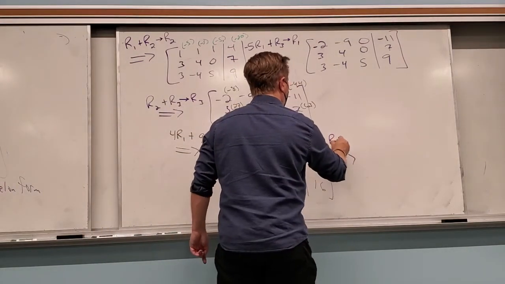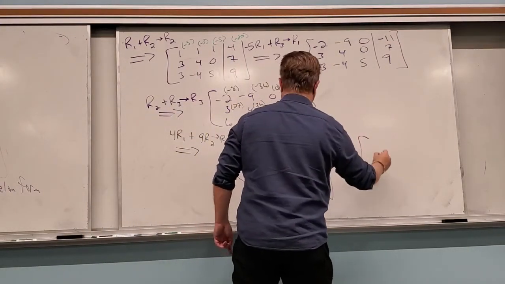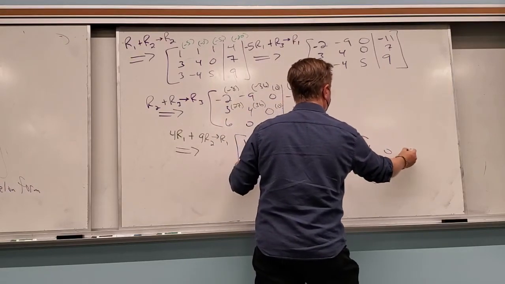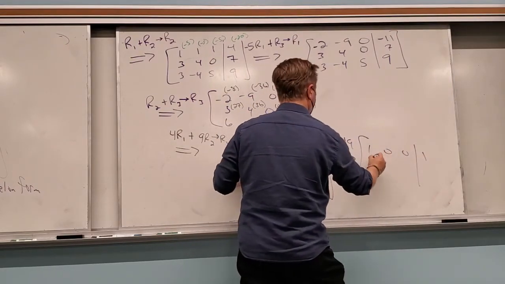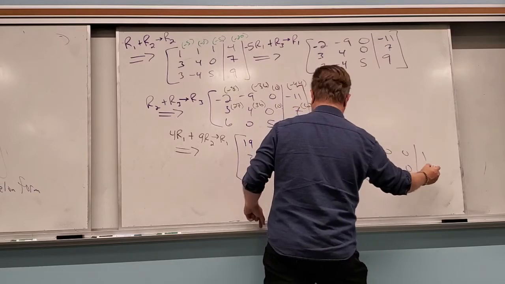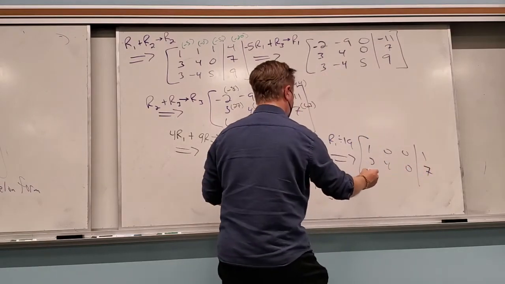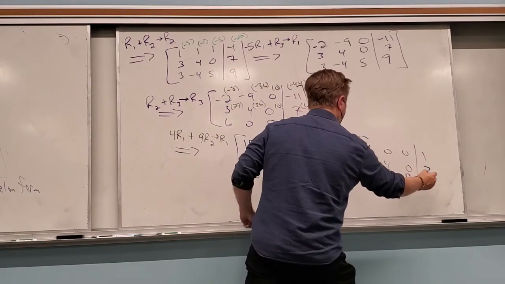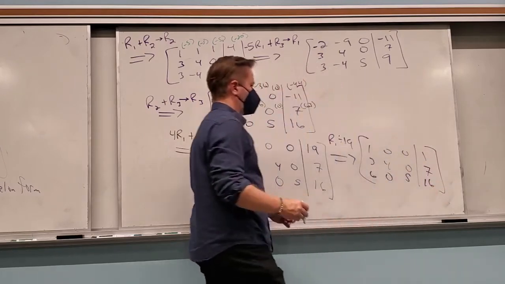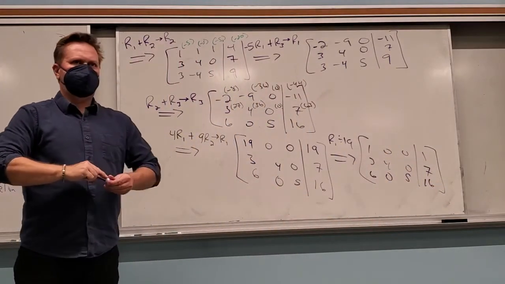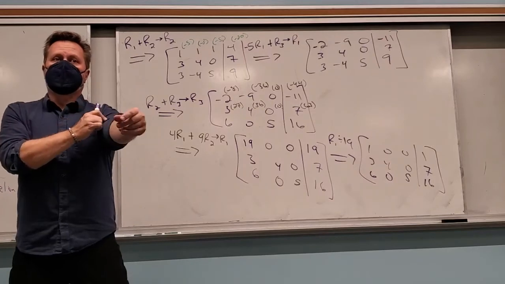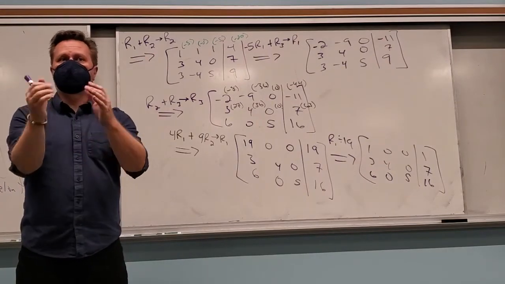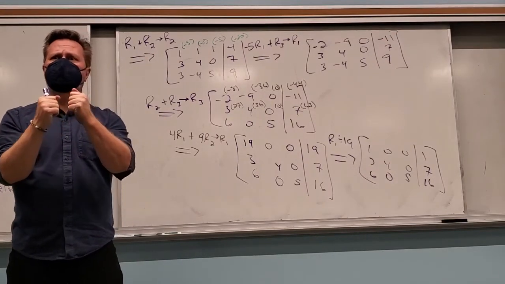If I divide row 1 by 19, I get 1, 0, 0, 1. And then I still have 3, 4, 0, 7. And I still have 6, 0, 5, 16. Now real quick. We're almost there, guys. You're all like, we better be almost there, dude.